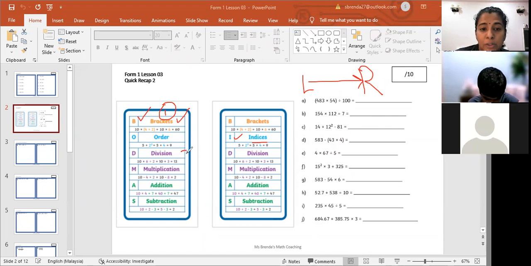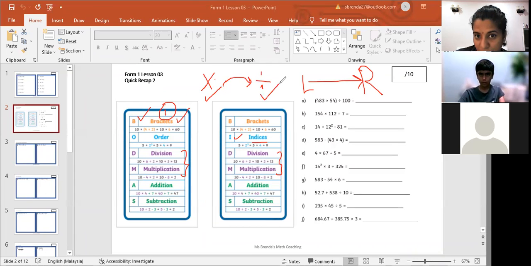Then you will see you will need to do your division and multiplication. Can you see they are in the same color? They're in the same color because they are on the same level. In other words, if you see a multiplication first and then you see a division, what must you do? You do the multiplication first because it comes on the left first, and then you follow it by the division.